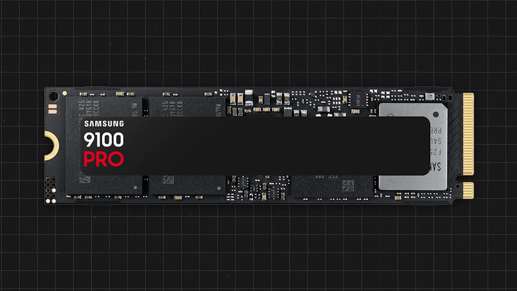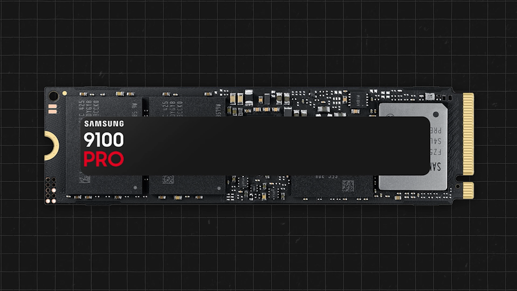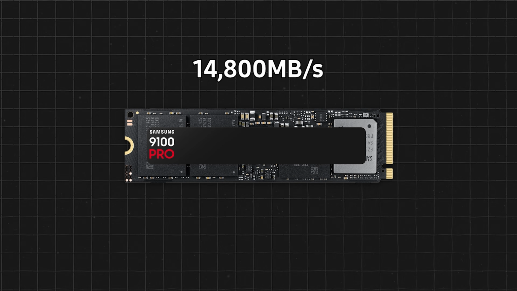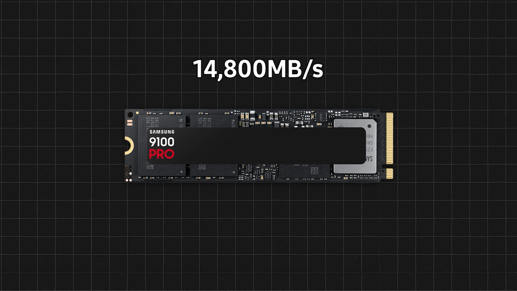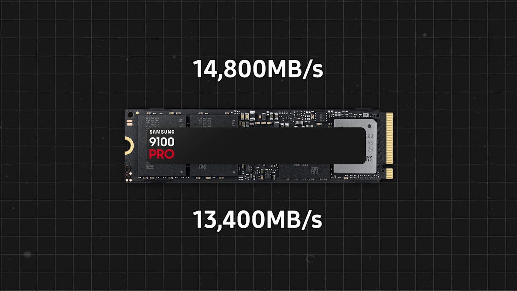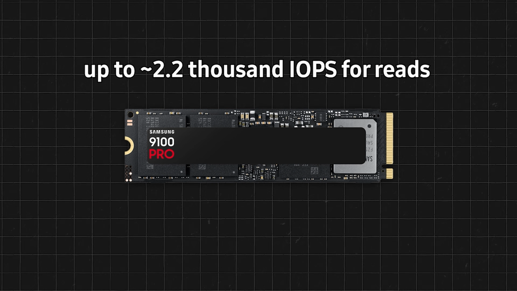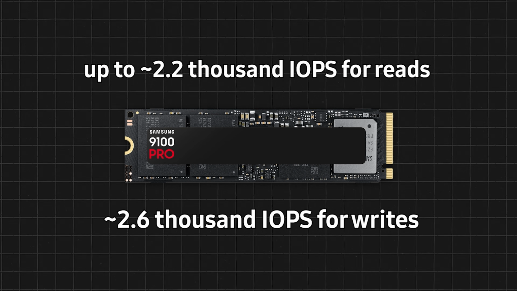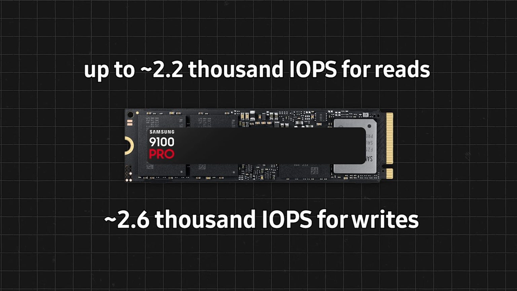And for my spec people watching, here's a breakdown of those speeds. The Samsung 9100 Pro 8TB has sequential read speeds as high as 14,800 megabytes per second and sequential write speeds of 13,400 megabytes per second. On top of that, the random I/O performance is also excellent, up to 2.2 thousand IOPS for reads and 2.6 thousand IOPS for writes on the 8TB model, which makes it ideal for not just large file transfers, but for many tasks that involve many small reads and writes like database access, video editing, or even heavy multitasking.